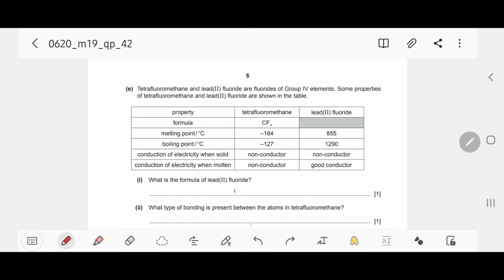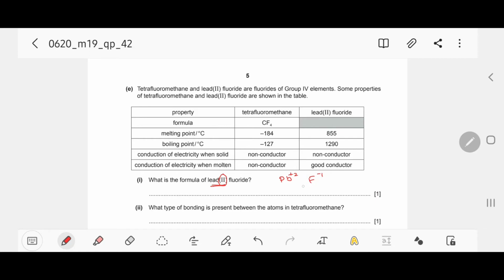Remember, when it is written as lead-2, this notation is a hint that they are giving you to create the formula. So lead is Pb and fluorine is F. So Pb +2 and F -1.